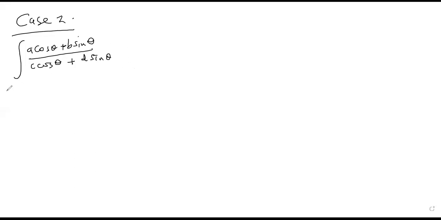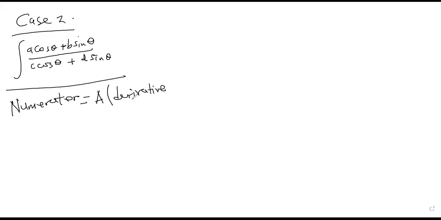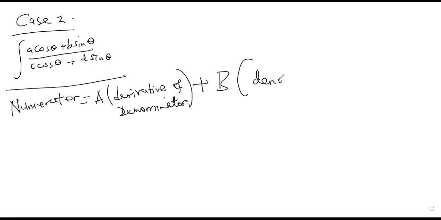Here, if you're having a function of this form, we split the numerator. Now here comes a difference. We split the numerator as: the numerator is equal to a times the derivative of the denominator plus b times the denominator.